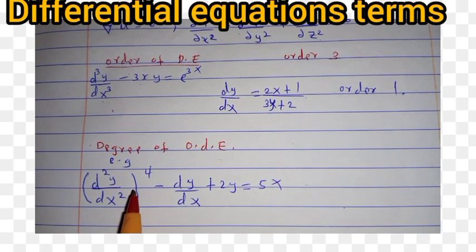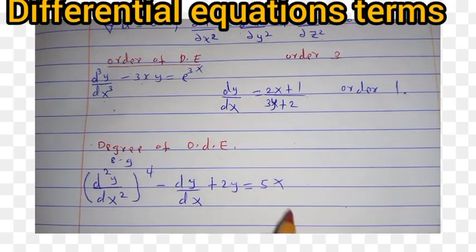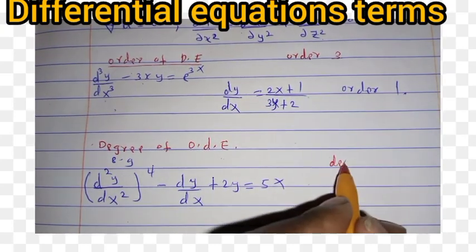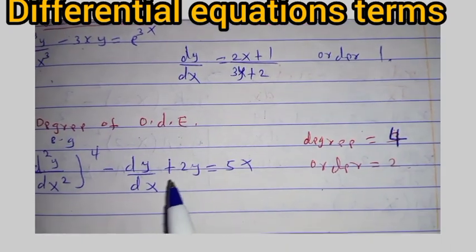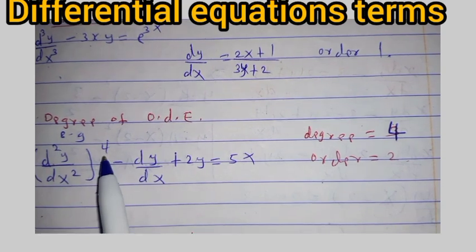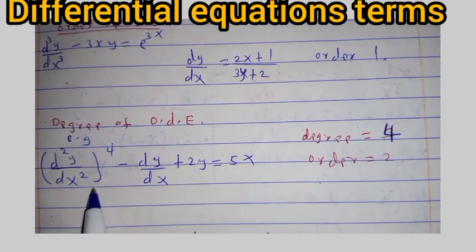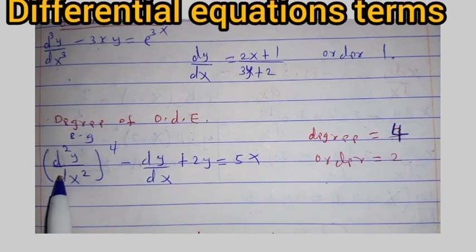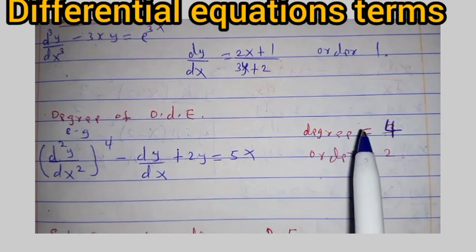You can see the highest power here is 4. So the degree of this differential equation is 4, and the highest derivative involved is 2. So the order is 2 and the degree is 4.